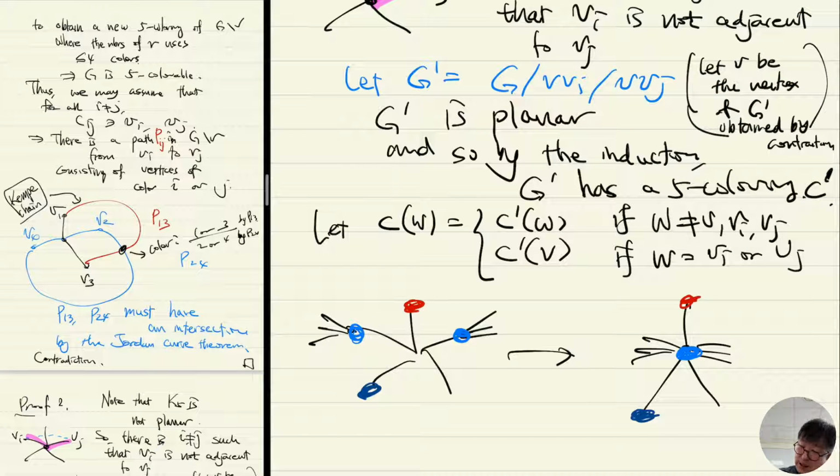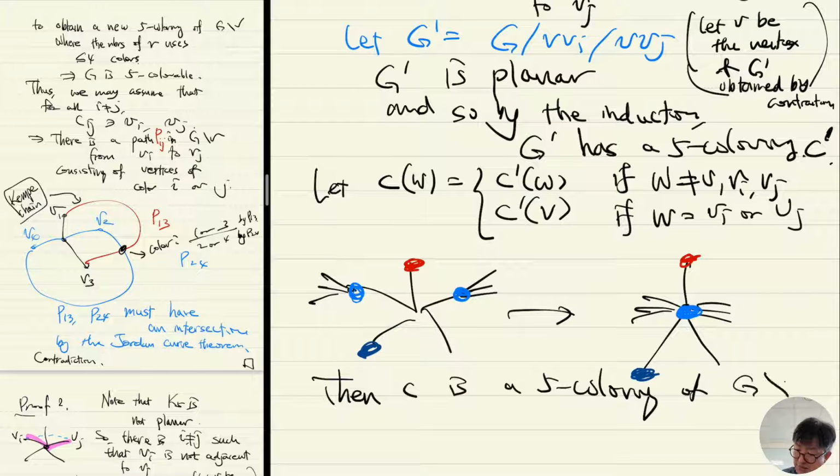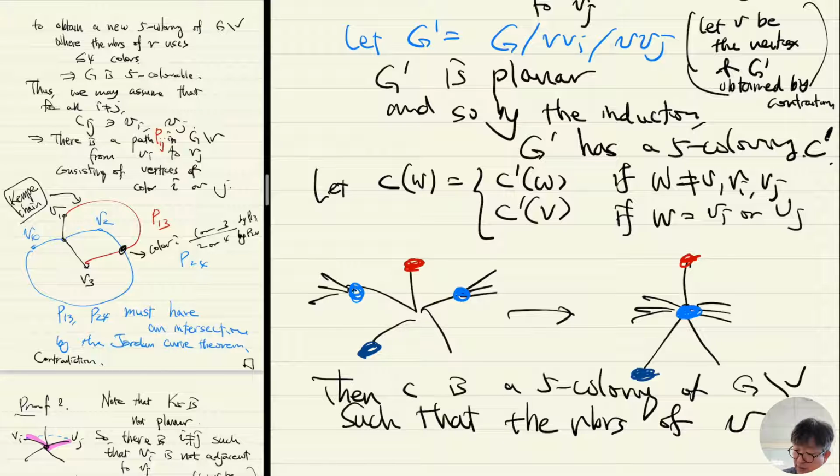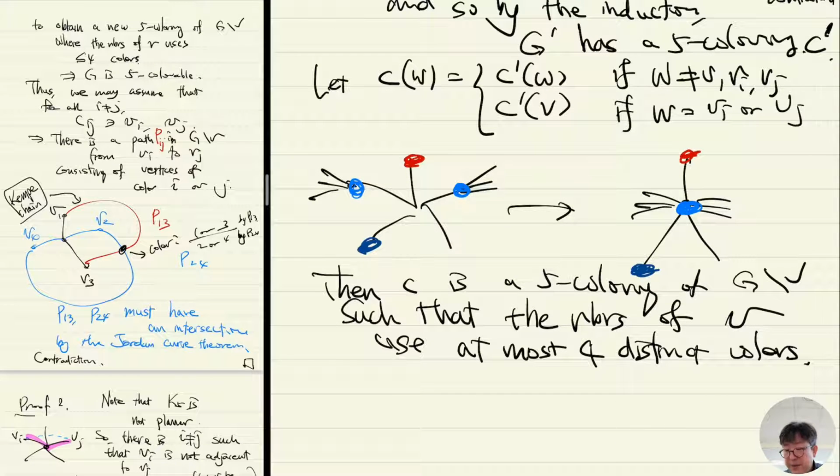Okay. Now what you observe is the following. Then C is a 5 coloring of G delete V such that the neighbors of V use at most 4 distinct colors, because two vertices are the same color.